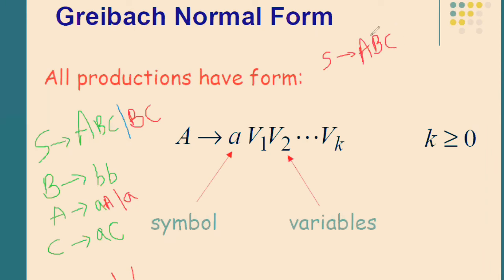So how do you convert this into GNF? See, look at the possibilities you have for A. What are the definitions you have for A? Small a, capital A, bar, small a, right? And there is one more definition, two small b's. So try to replace the definitions of A here.